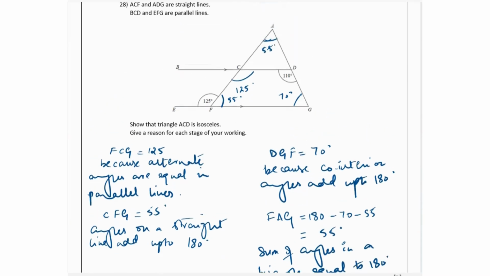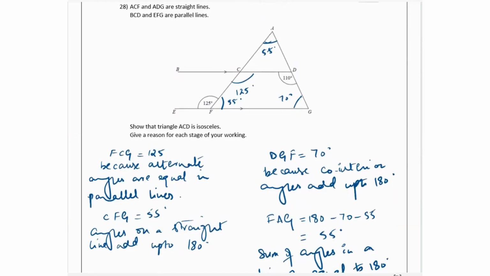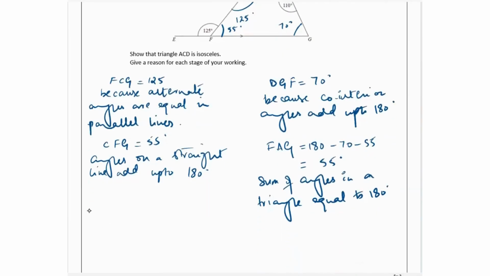Okay, now that we know that ACF and ADG are straight lines, this would be 55 and this would be 70. So ACD equals 55.